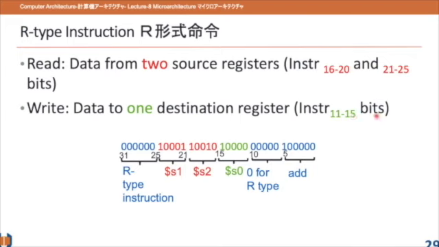So we have to define these bits: source 1, source 2, and the destination. More specifically, we need to add these two values stored here. So the addition bit sequence is 16 to 20, 21 to 25, and 11 to 15.